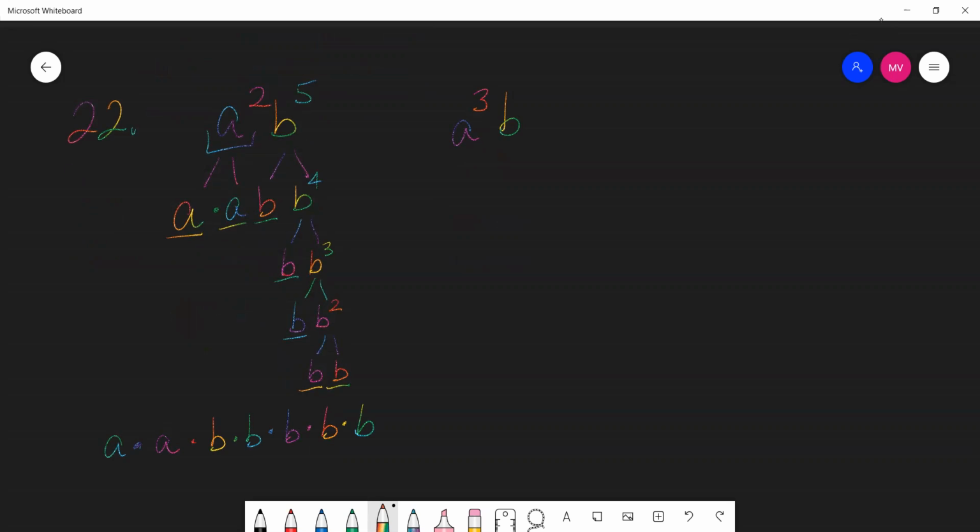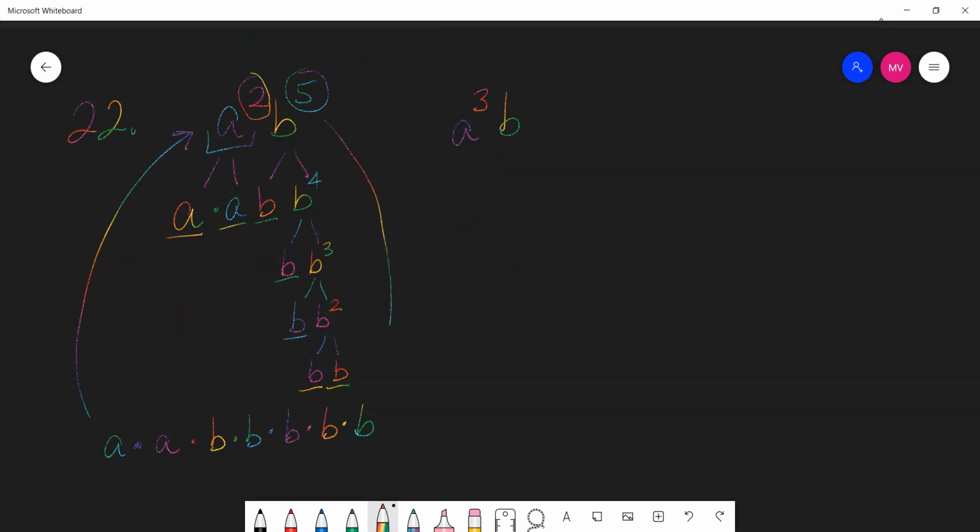I just did it a super long way, but pretty much all you're doing, if you look back up here, is writing your a multiplied times itself as many times as you're given in the exponent. And then you're taking b and multiplying it by itself however many times your exponent is, which is 5.